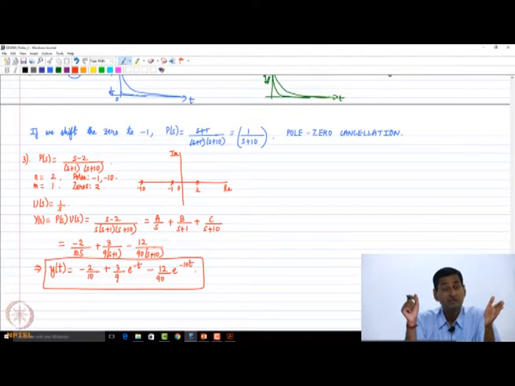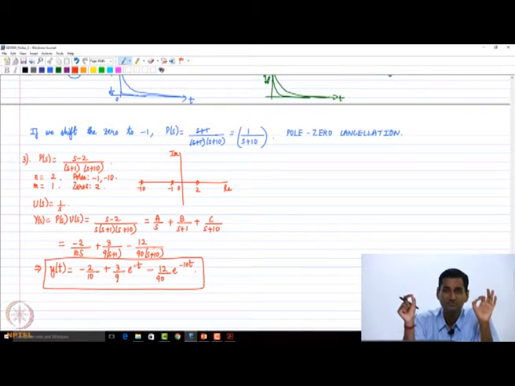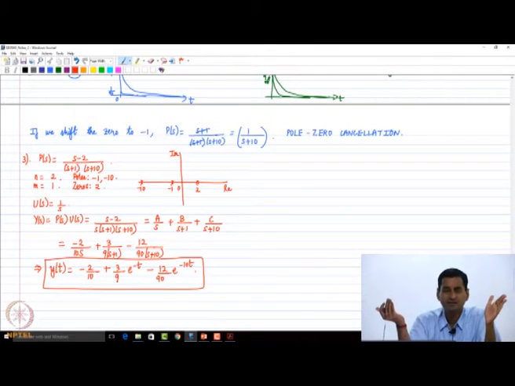Now we see that compared to example 2, the relative importance of e power minus t has now increased because we have shifted the 0 away from -1. See, -1 was the dominant pole. When we had the 0 at -2, the dominance was reduced. Now we have shifted the 0 away from the dominant pole at -1.